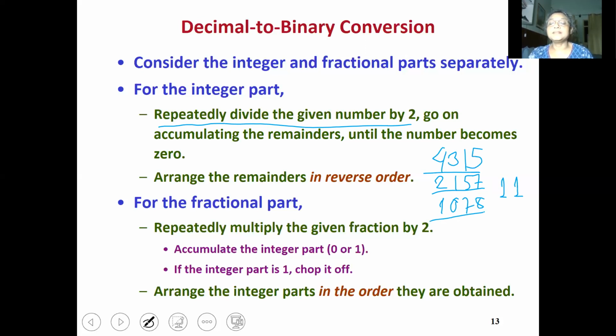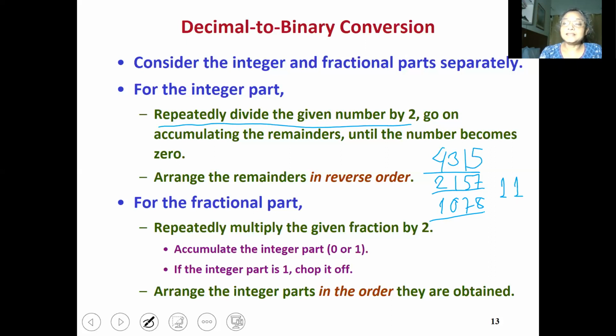Again, we will repeat the same process. And at every stage we collect the remainders, then we write the remainders in the reverse order, or we can collect the remainders and start writing them from right to left. So this is for the integer part. For the fractional part, what we will do is take the number and repeatedly multiply the given fraction by 2.